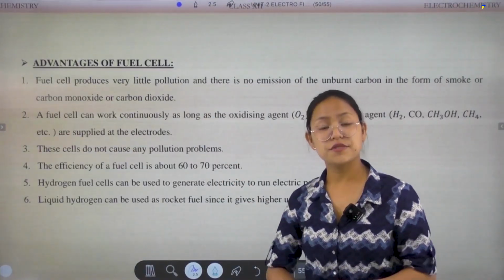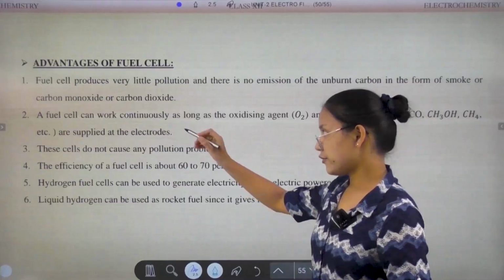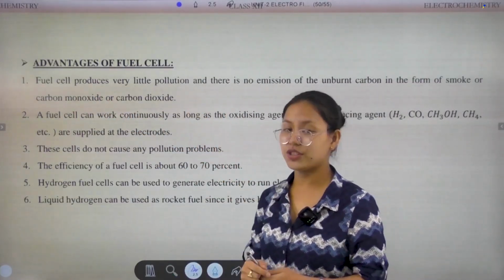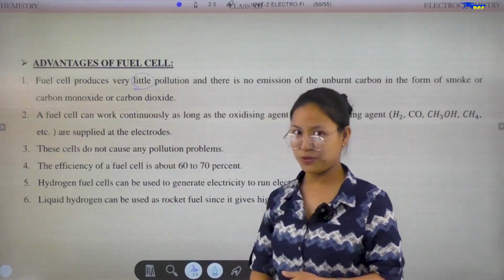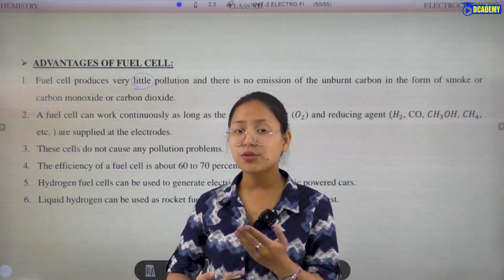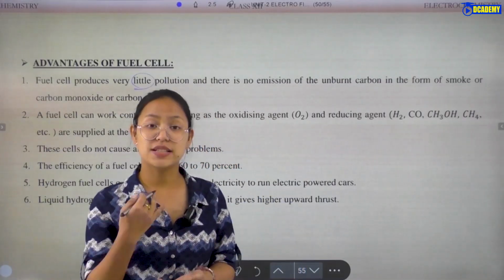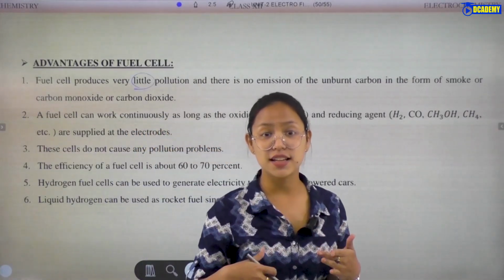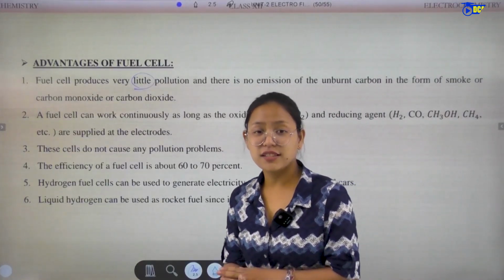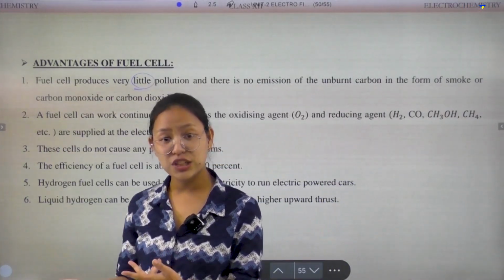Advantages of the fuel cell. First, the fuel cell produces very little pollution, because we use oxygen gas. Will it be called a pollutant? No. Will it cause pollution?